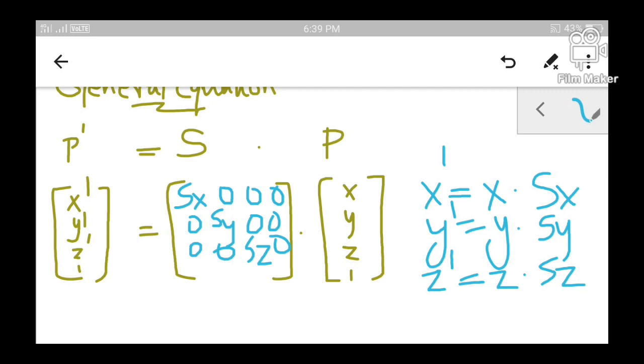So let us multiply the third row with the column matrix. 0 into x is 0 plus 0 into y which is 0 plus sz into z plus 0 into 1. So when the third row is multiplied to the column matrix, we will get the equation z into sz is equal to z dash. Okay, so we have written the third row also.